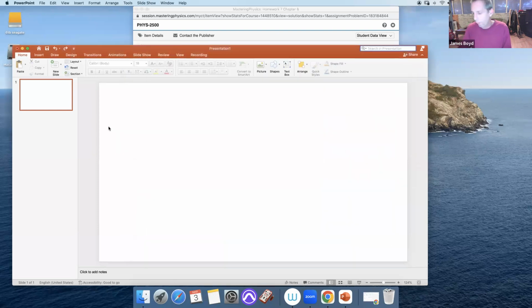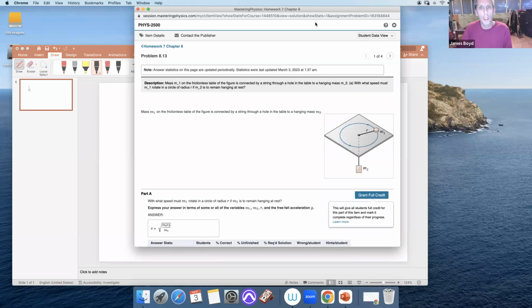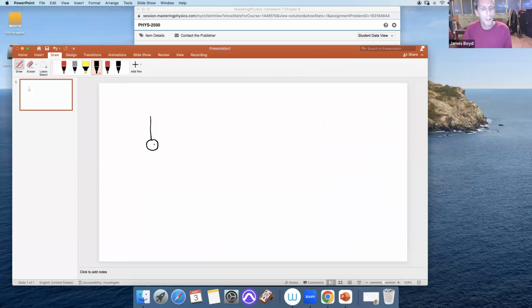So if we look at our free body diagram of these two, the one that's hanging, which they are calling mass 2, has a tension upward due to that string, and it has a weight downward of m2g. And we'll assume that the acceleration is trying to be down.